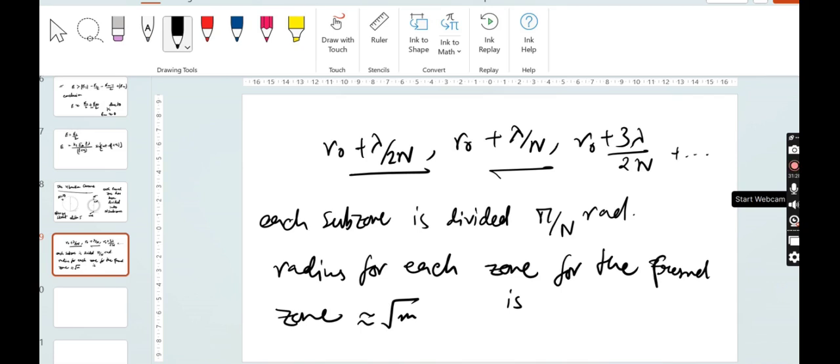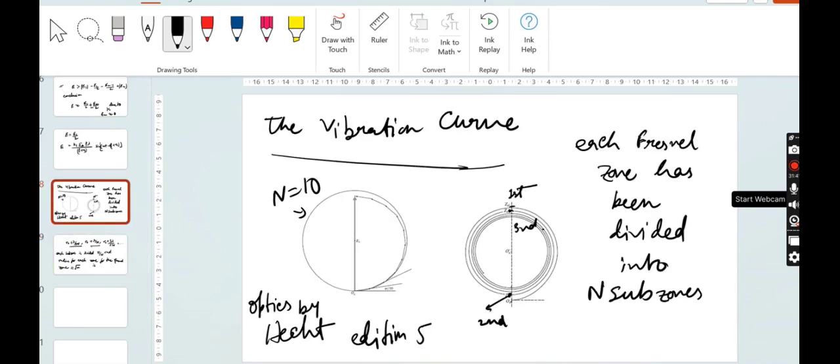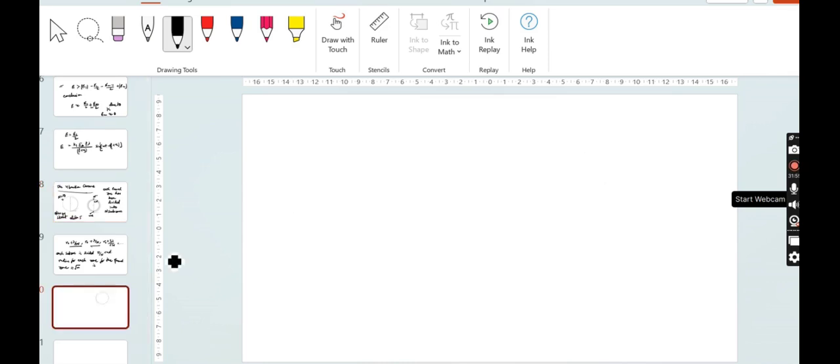And also we know that the obliquity factor decreases rapidly for the first few zones, then it decreases in a slower way. So this is the vibration curve.